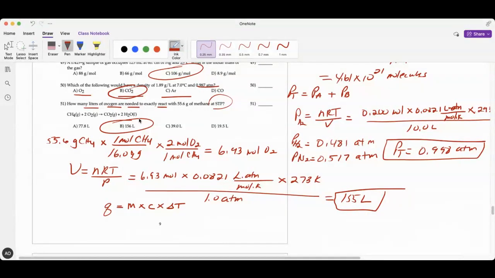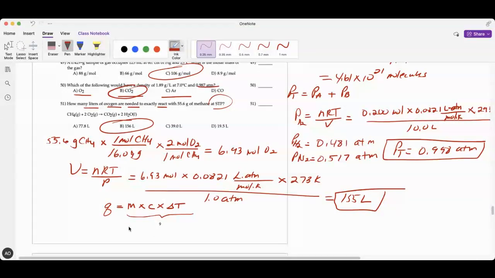Is it combustion? Well, in a bomb calorimeter, that's what you're looking at. You're looking at a combustion reaction. So you need the heat capacity of the calorimeter, and then plus maybe you're given the water, the temperature change, and the mass of water.